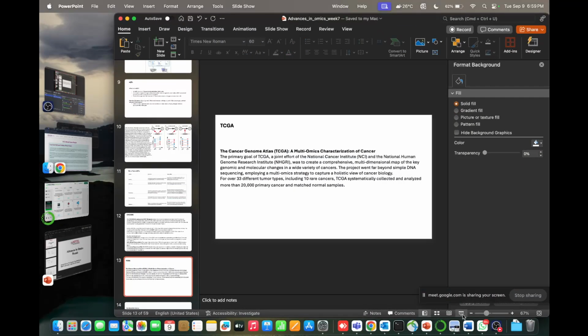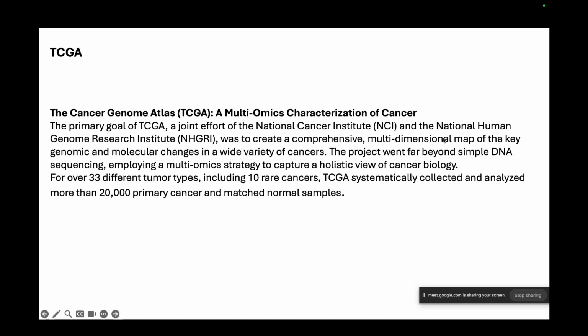So again, in TCGA you have over 33 different tumor types, 10 rare cancers, and it has collected and systematically analyzed over 20,000 primary cancer and matched normal samples. Matched normal samples means you have the same individual.